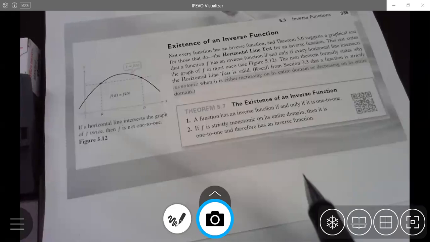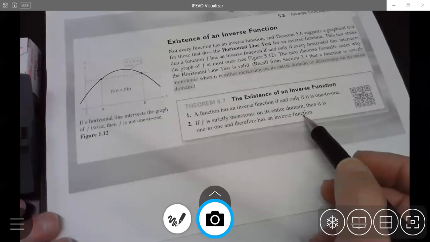It means if something is 1 to 1, it's a function that passes the horizontal line test, and if a function passes the horizontal line test, then it's 1 to 1. So if and only if goes backwards and forwards. It's true either way. If our function f is strictly monotonic, meaning it either strictly increases or strictly decreases through the entire domain, then it is 1 to 1 and therefore has an inverse.